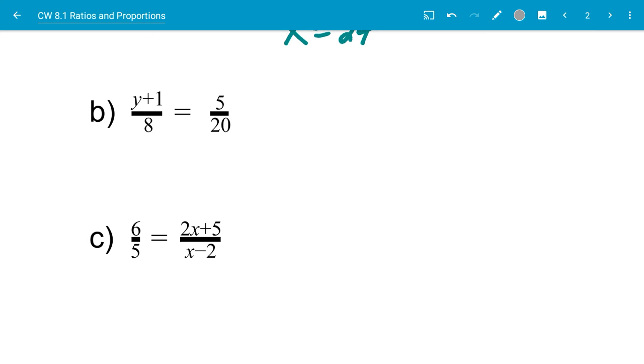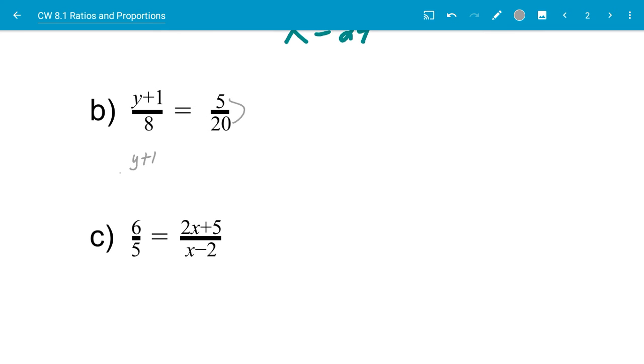When I take a look at this, I'm going to cross multiply again. I'm going to multiply these two, so I'm going to have 20. Before I do this, something I just noticed is you have 5/20. I can reduce that, and that's going to make my life a little bit easier.